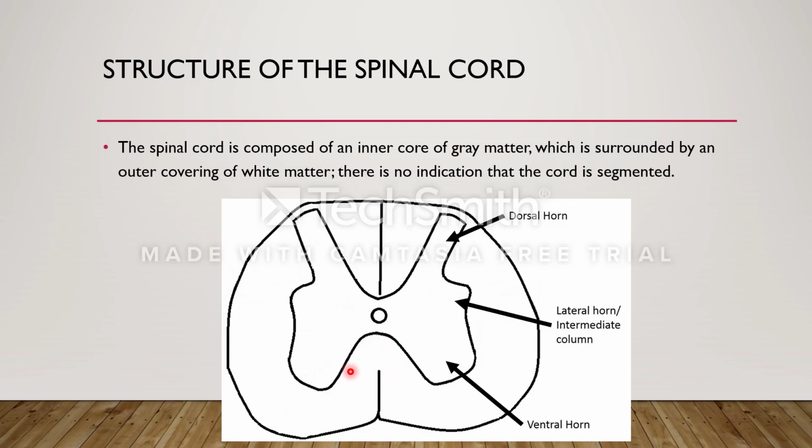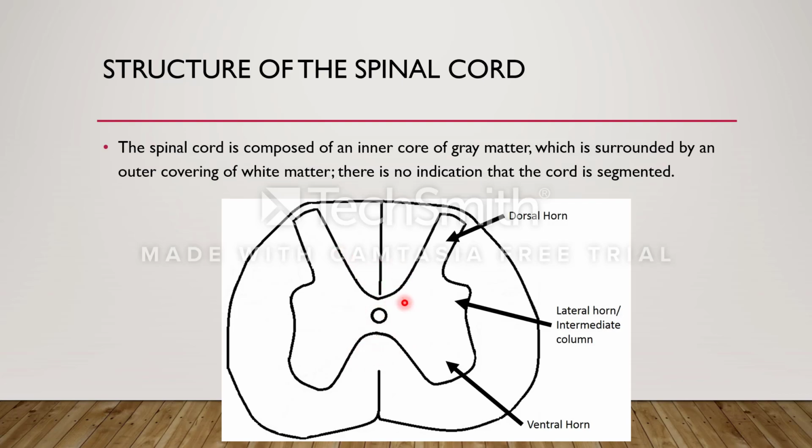But the commissure which is present in the white matter is also a commissure. If it is anterior to the central canal but present in the white matter, this is named as anterior white commissure, and this one is posterior white commissure.